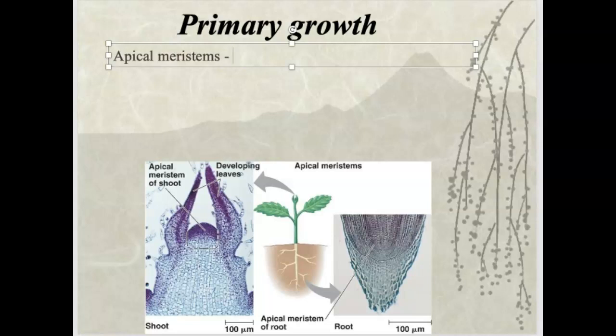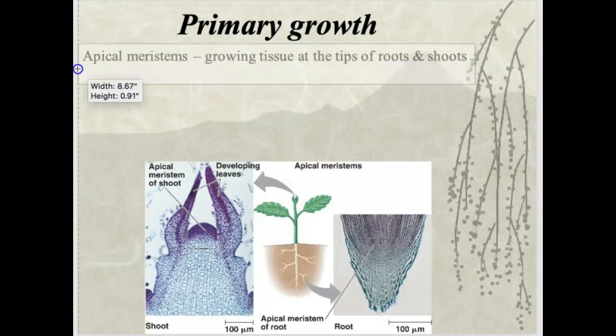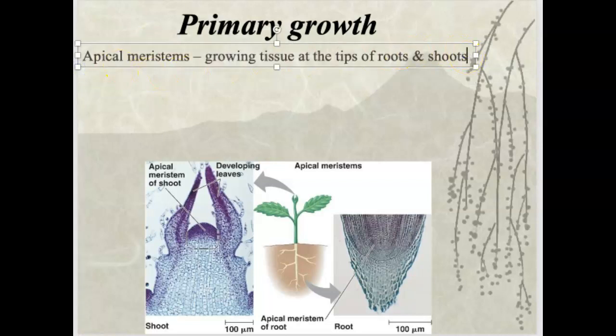So there's meristem tissue. And when it's called apical meristem, this is going to be the tissue that is at the tips of the roots and the shoots. So apical enables growth upwards, makes the plant taller, or the roots deeper into the ground.